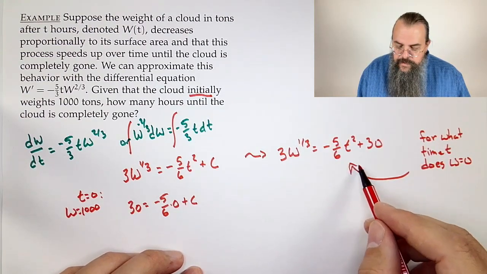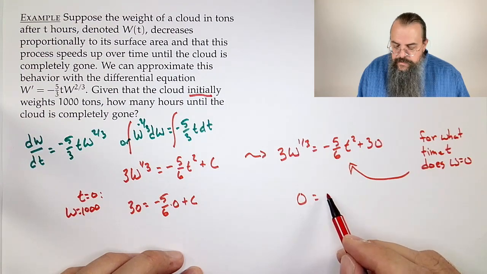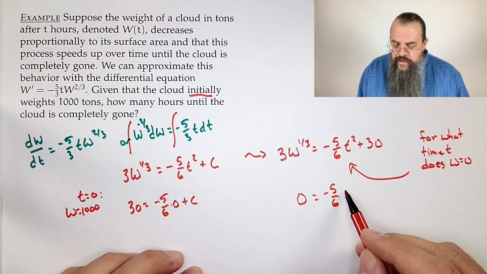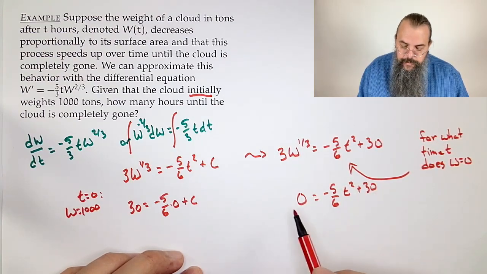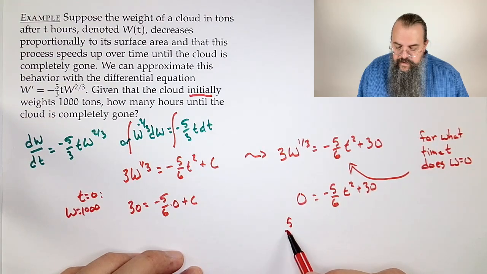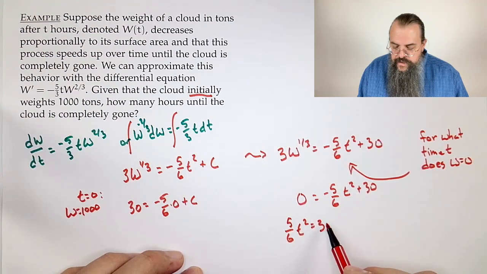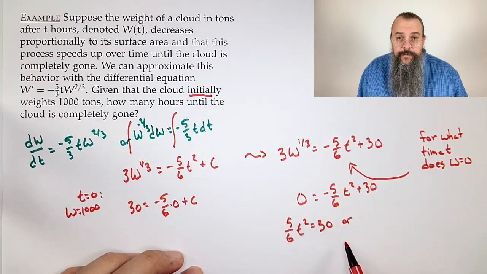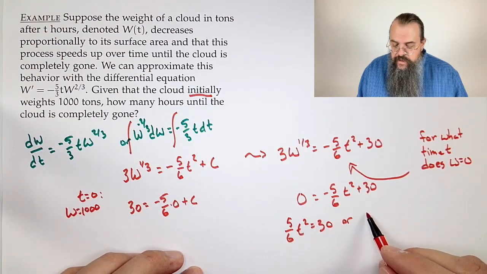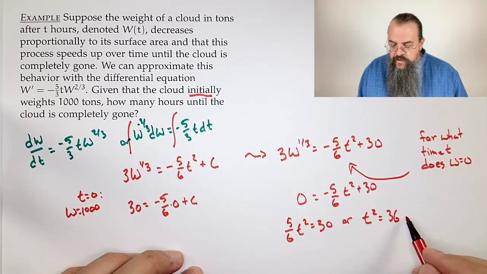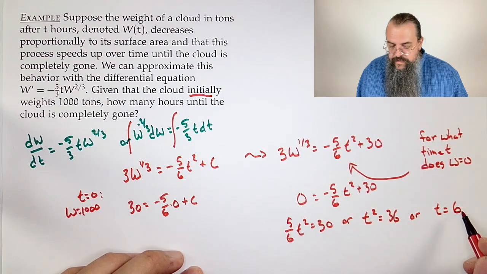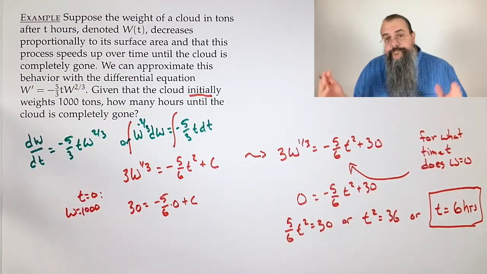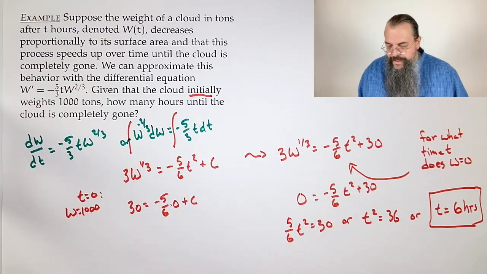If we do that, we get 0 equals minus 5/6 times t squared plus 30. We move things around. So 5/6 t squared equals 30, or divide by 5, multiply by 6, we get t squared equals 36, or t equals 6. So 6 hours. And we're done.